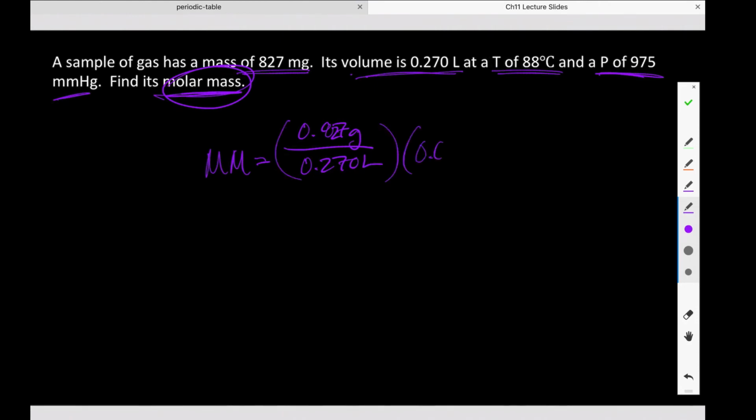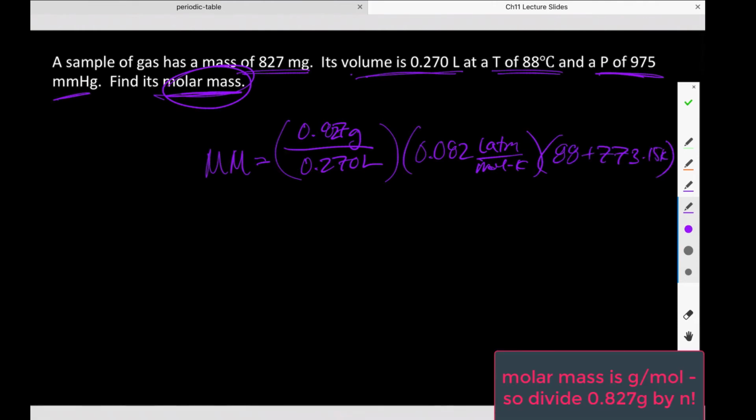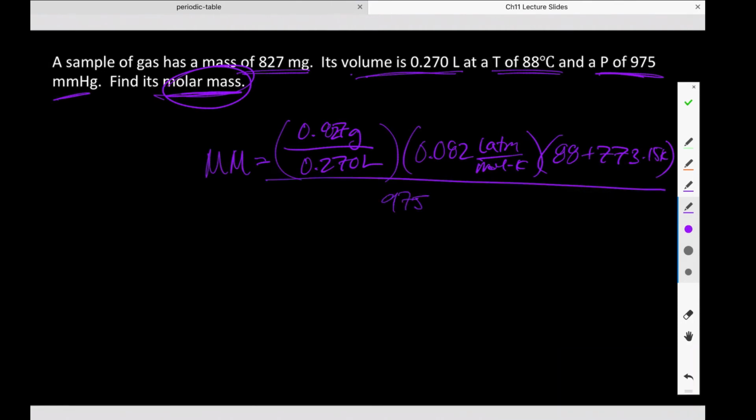D times R times T, which is 88 plus 273.15, over P, which is 975 millimeters of mercury, 760 for every 1 atm. Yes? And that would get us molar mass.